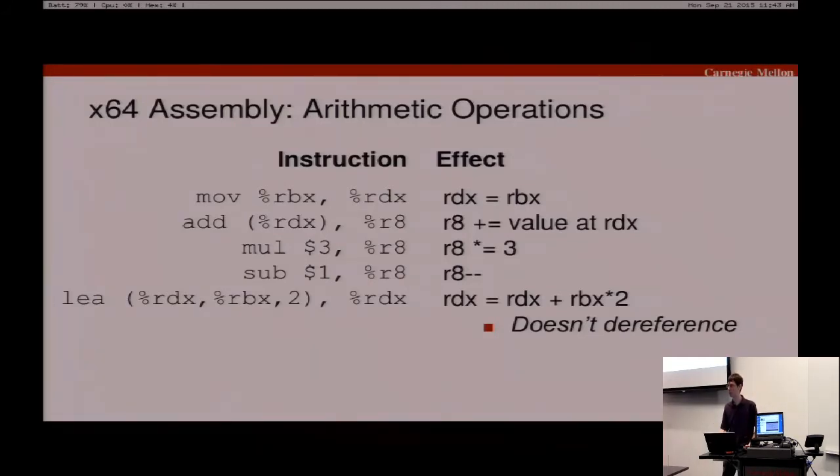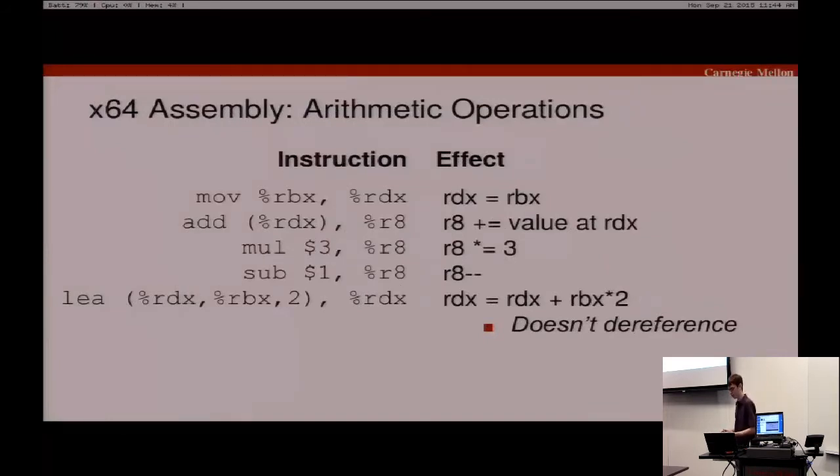Yeah? Right, yeah, you're adding addresses. So yes, you're sort of adding the values in those registers, which if you're using it as a memory location would be addresses. But you can also just stick whatever value you want in there that isn't actually a valid address and use this instruction to add them together or multiply them.